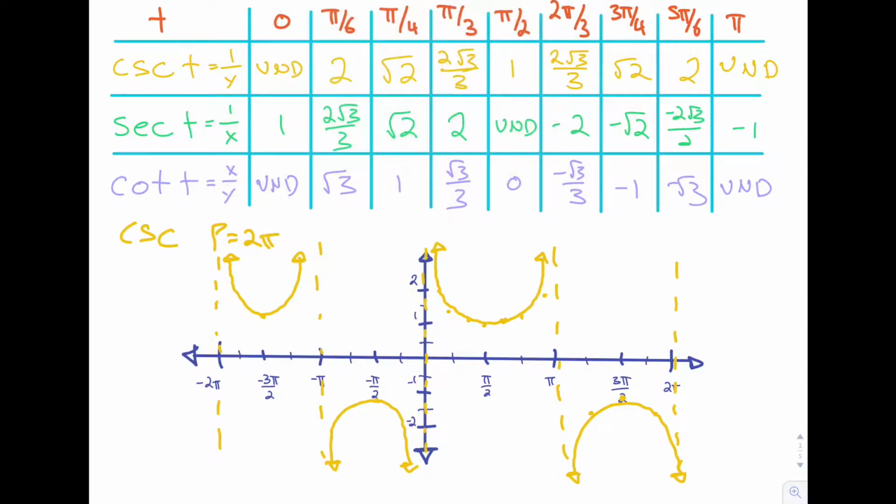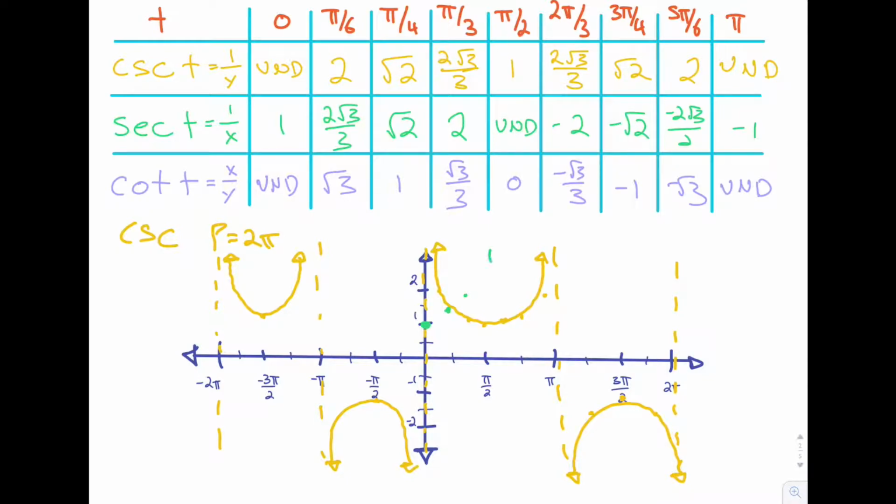Moving on to secant. So at 0, we start at 1. And then as we move in the positive direction, counterclockwise around the unit circle, we'll hit this value here, and then here, and as we approach pi over 2, we go undefined.